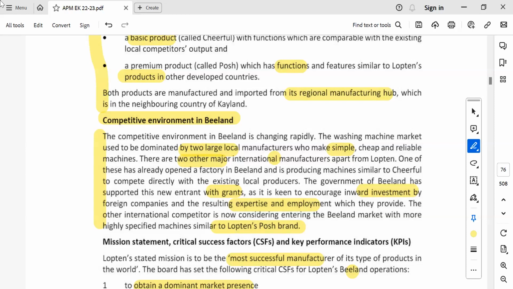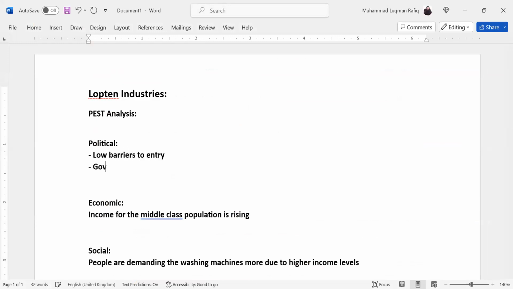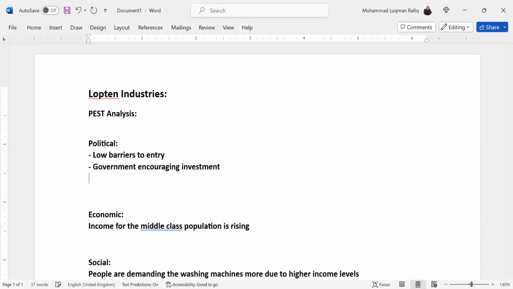Okay. So basically, what you should understand here is that there are low barriers to entry, the government is encouraging investment, plus offering grants to the new entities.